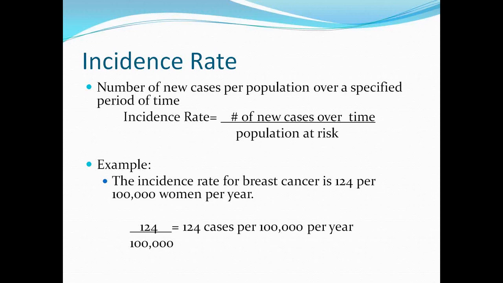So incidence rates are used to make statements about the probability or the risk of a disease. For example, if a population initially contains 100,000 non-disease women and 124 women develop breast cancer over 1 year of observation, then the incidence rate is 124 cases per 100,000 women per year.